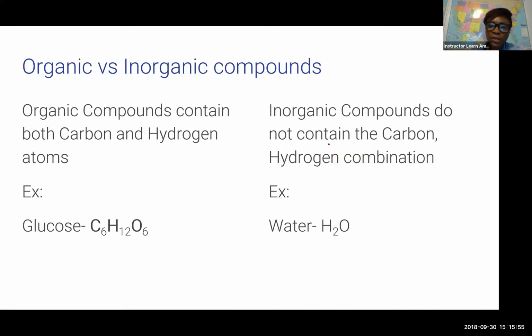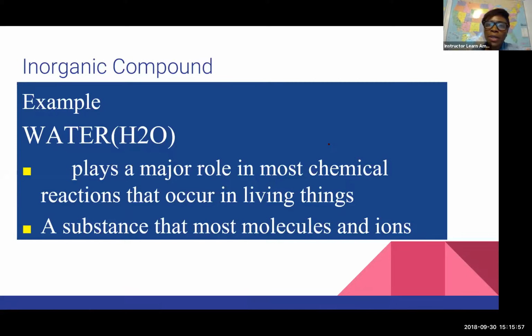So let's explore this a little bit more. We'll start with the inorganic. Inorganic compound, the first one is water. Water is very important in the chemical processes that take place in our body. It's the substance that molecules and ions need in order to be transported throughout the body.